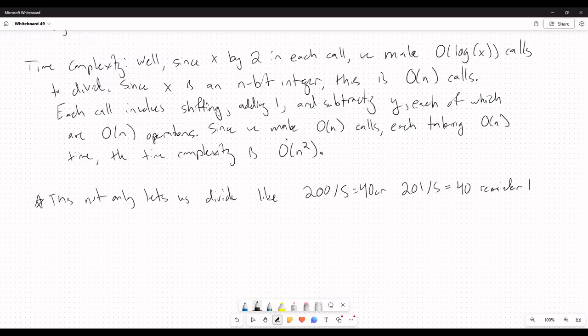And depending on your language, 201 over 5 might just kind of get rid of that remainder and ignore it. It might just be integer division, in which case we only care about this 40 number.